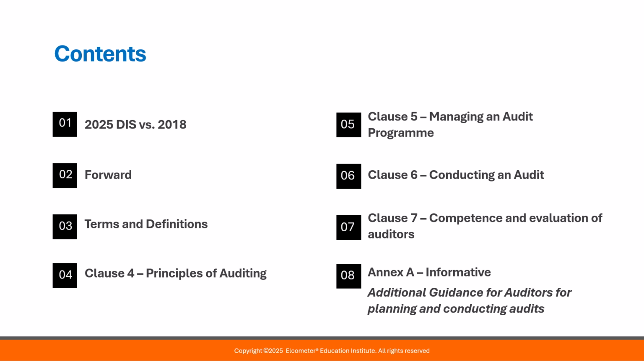ISO 19011-2025 introduction states that since the publication of the 2018 standard, a need to consider a broader approach to management system auditing and provide a more generic guidance was identified.